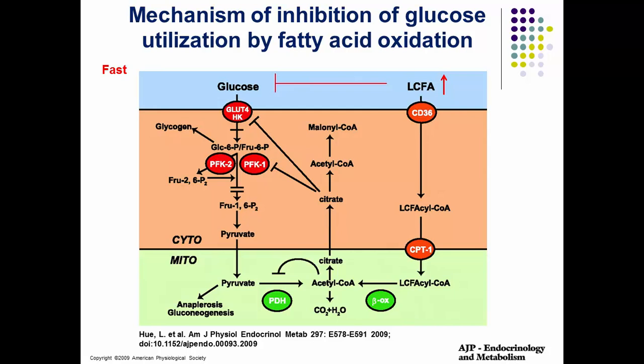Pyruvate dehydrogenase is inhibited by acetyl-CoA, and hexokinase or glucokinase and phosphofructokinase 1 can be inhibited by increased citrate levels. So this is a mechanism for why increased fat oxidation can inhibit glucose oxidation. Any questions on this?